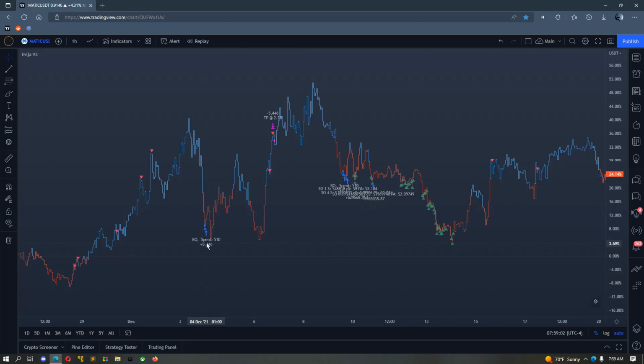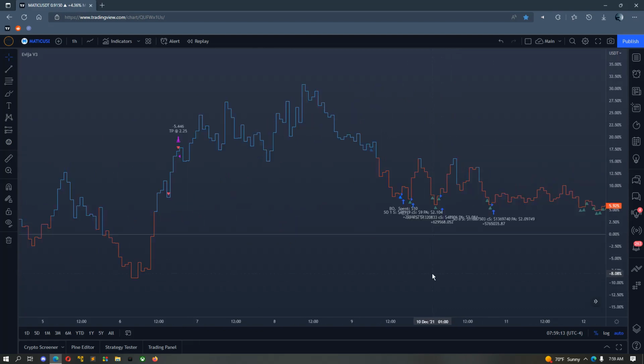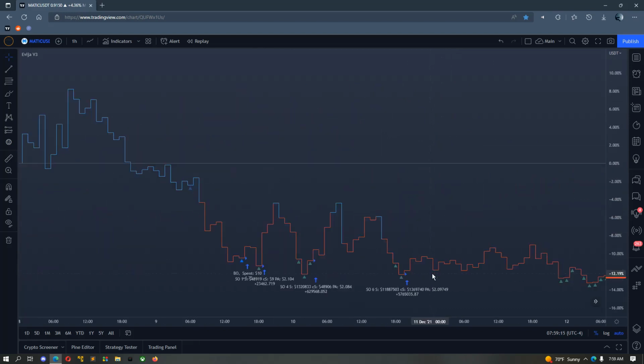Here's one where it spent $10 and then it took its profit here. I'd like to fix the take profit reporting because I wanted to present it in a different way. See, that's something you have to be aware of.